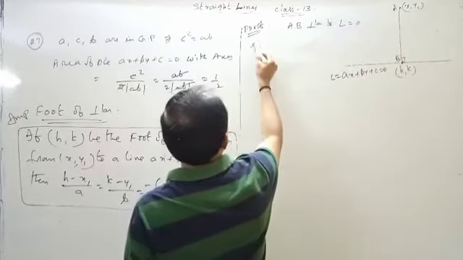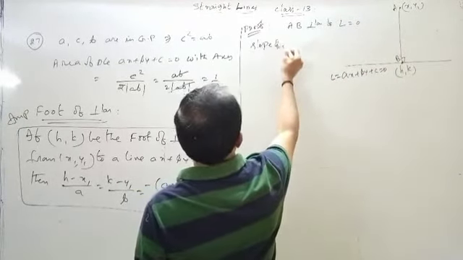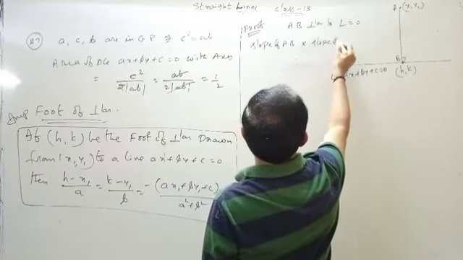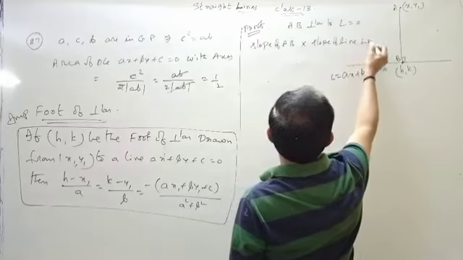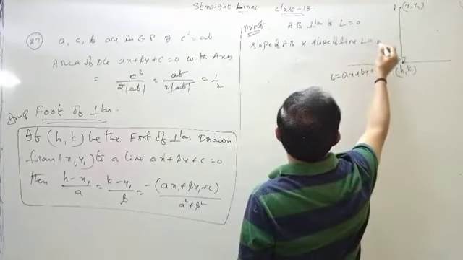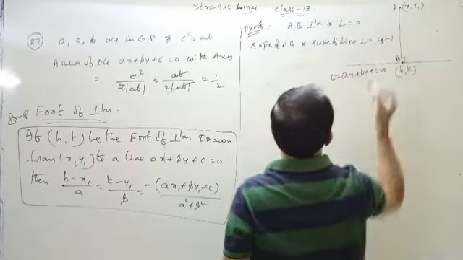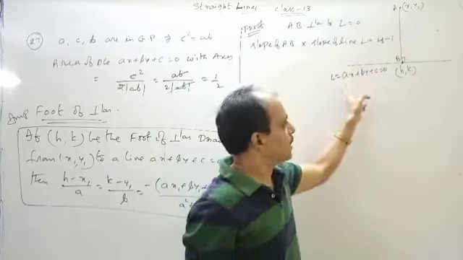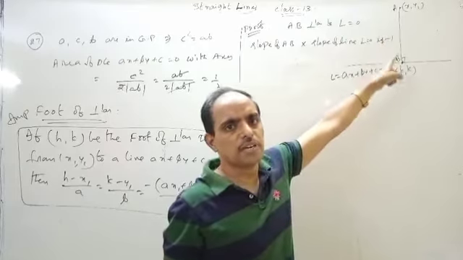That means the slope of AB times the slope of line L = 0 is −1.